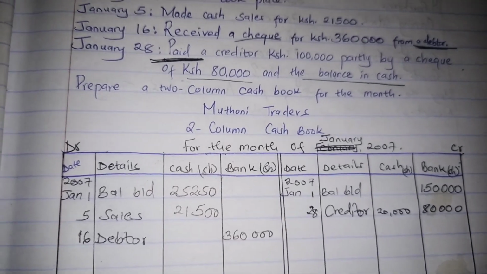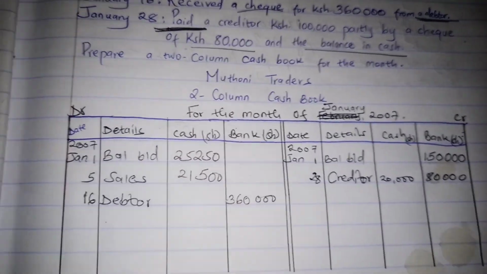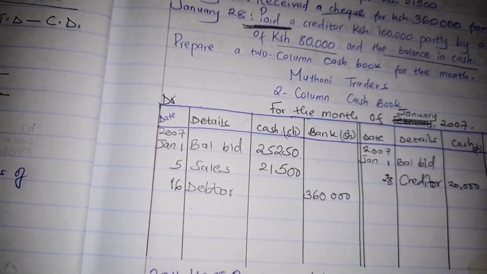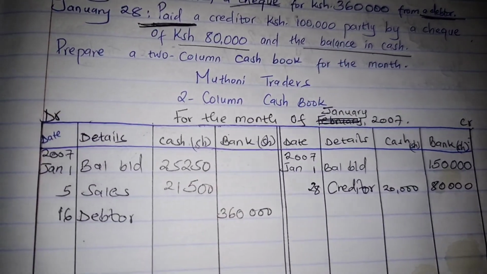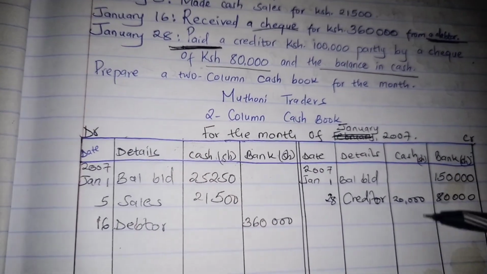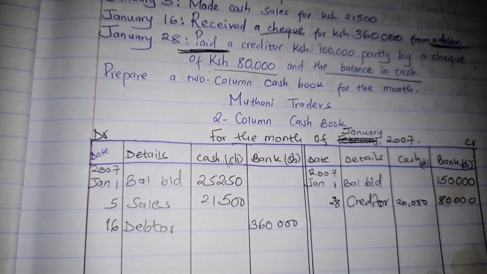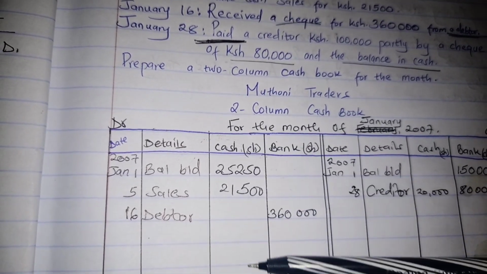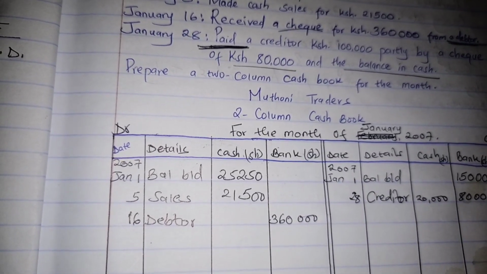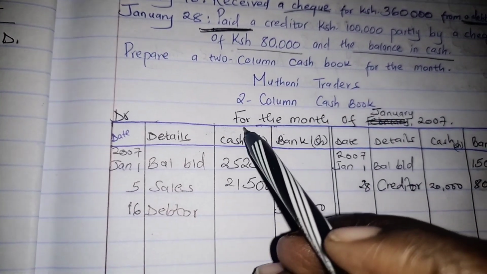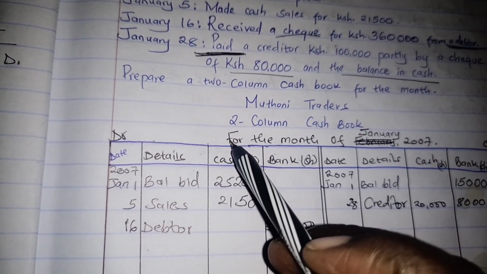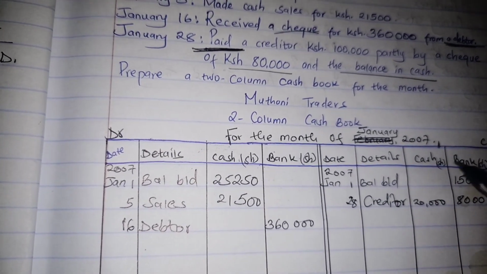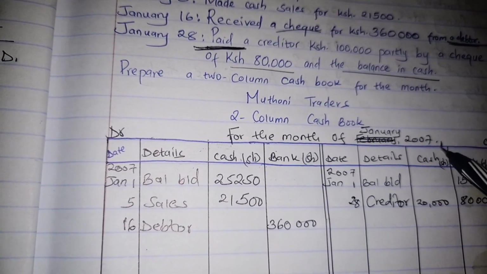So far so good. So we can go on and balance our cash book. However, we have not been told to balance it. So how do we balance? You compare the similar money columns, both on the debit and the credit. For instance, we come on our debit side, we compare cash column with cash column on the credit side.